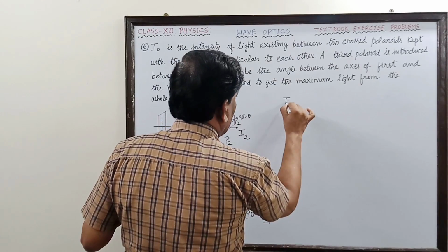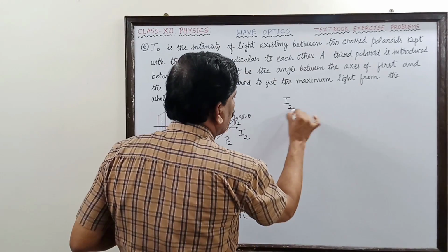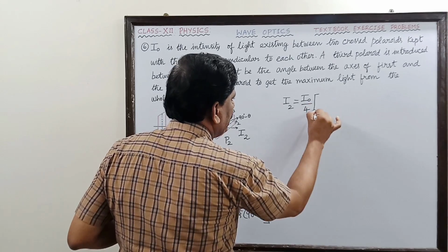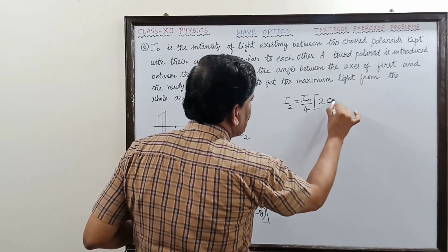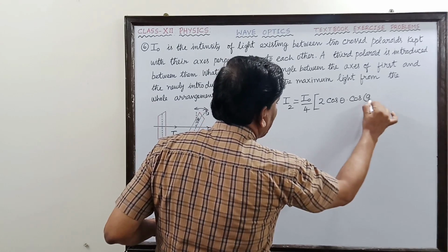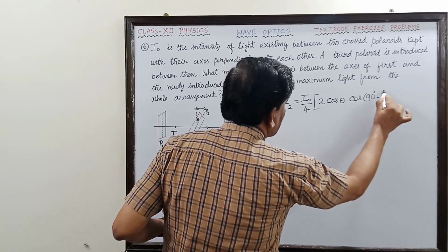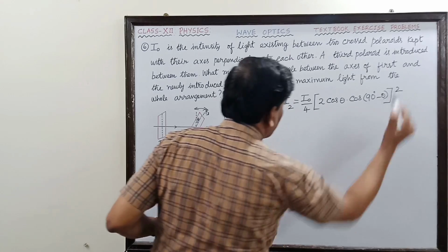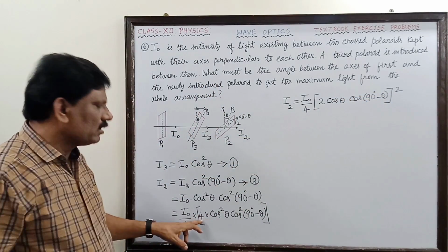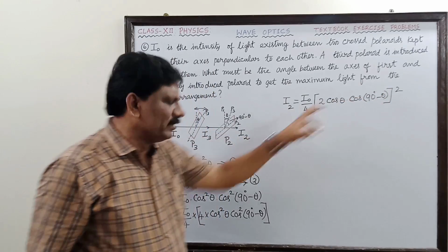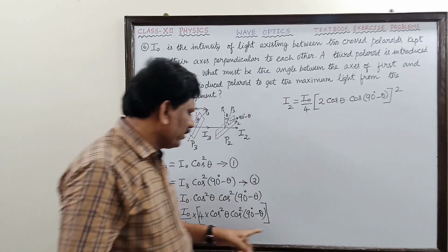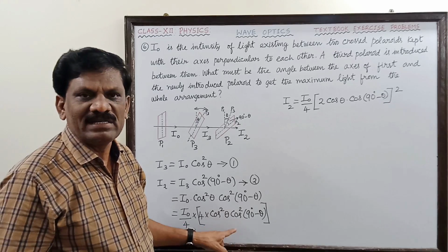I2 is equal to I0 divided by 4 into the whole square of 2 cos theta into cos 90 minus theta. 2 square becomes 4, cos theta whole square becomes cos square theta, and cos 90 minus theta whole square becomes cos square 90 minus theta.